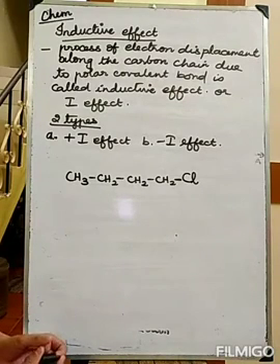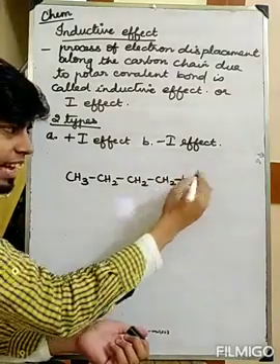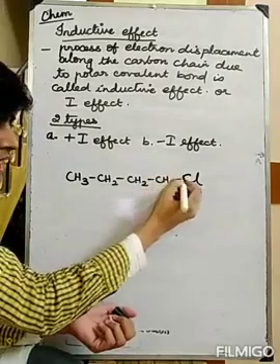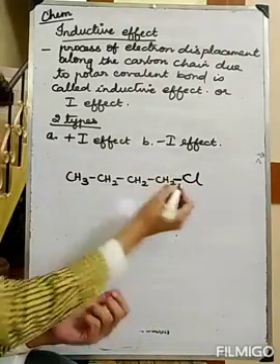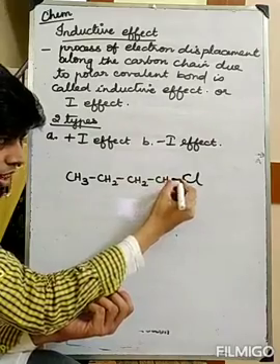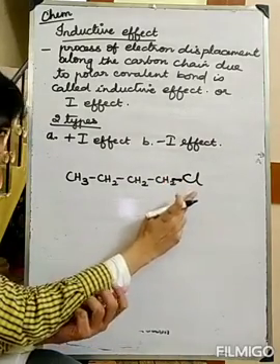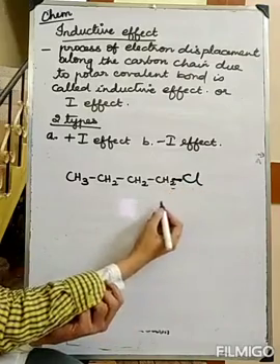Electronegative means what? It will attract the electrons towards itself. So here in this bond we have two electrons. This chlorine is electronegative, so it will attract this electron towards itself.